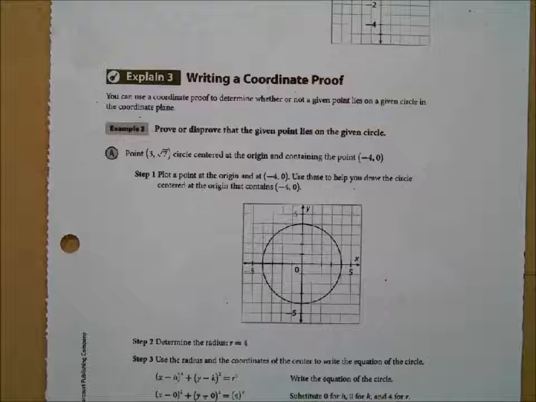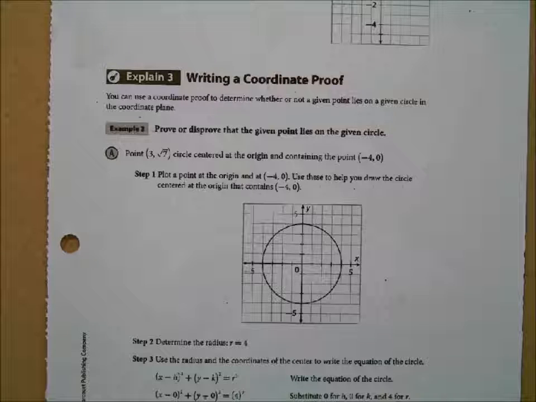Well, if I gave you the equation for a line, like y equals 2x plus 7, a linear equation in slope-intercept form, and I asked, is (3, 1) on the line y equals 2x plus 7, how can we determine that?